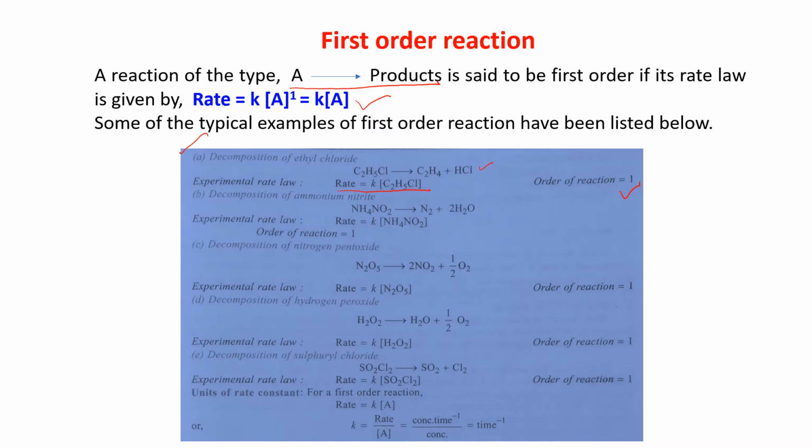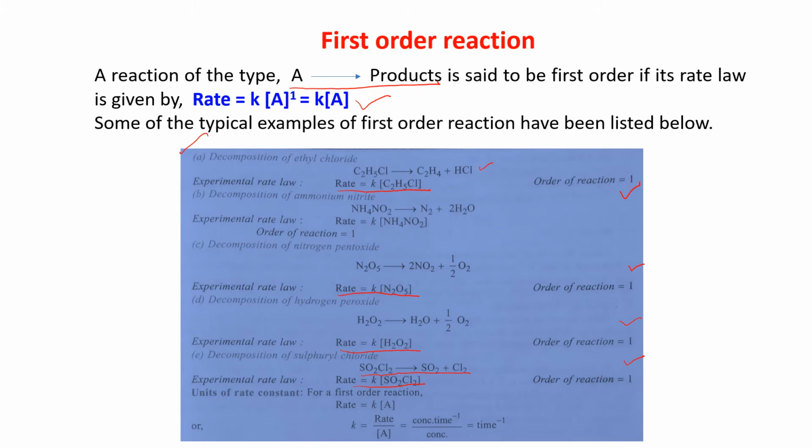See the other examples: nitrogen pentoxide, rate is K N2O5, order of reaction is 1. H2O2, the rate is K H2O2, order of reaction is 1. SO2Cl2, the rate is K SO2Cl2, order of reaction is 1.